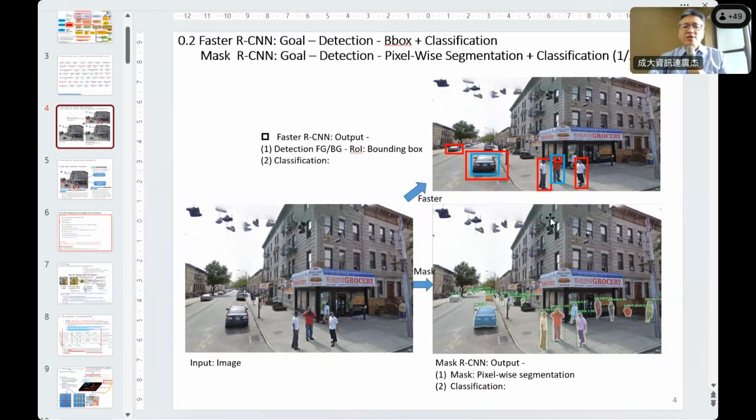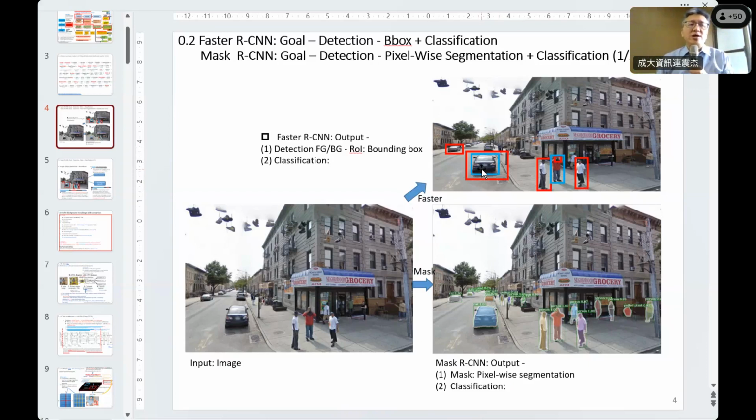And after you have a bounding box, we do the classification. I'll say it again: for the bounding box, they have a binary classification. They classify whether the region inside the bounding box is foreground or background.